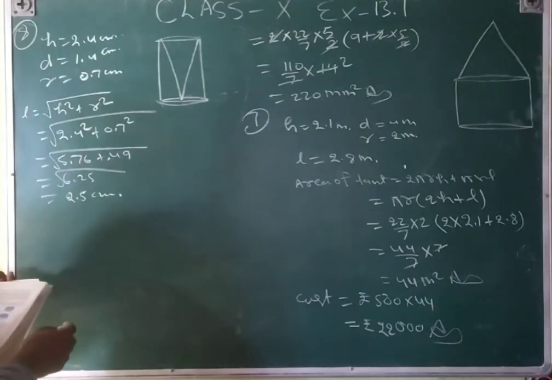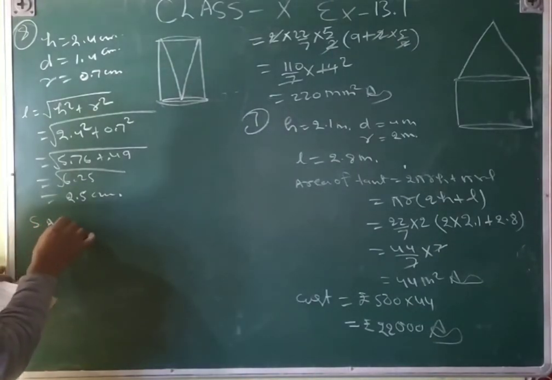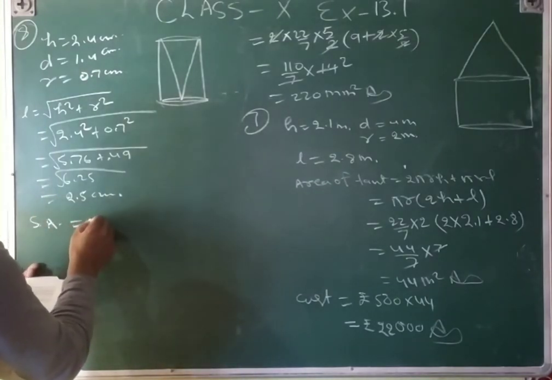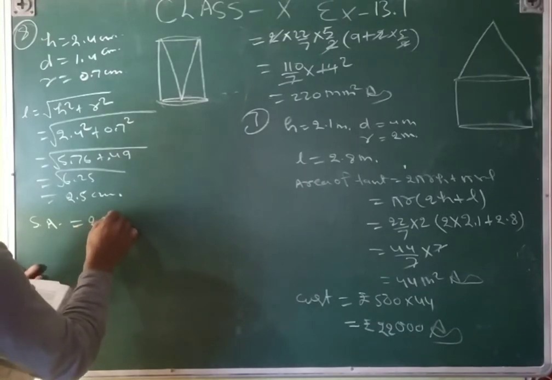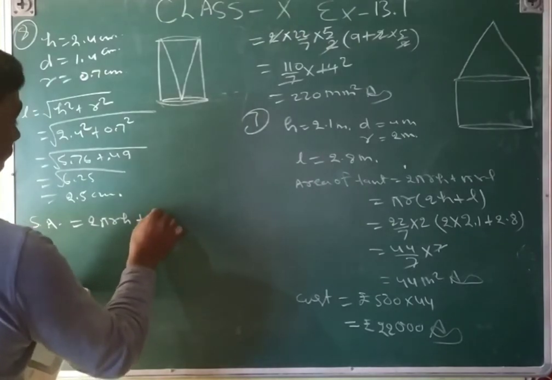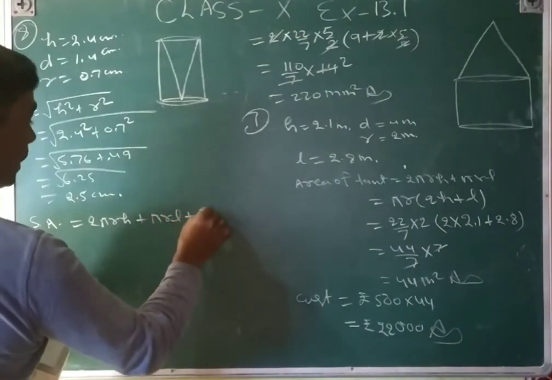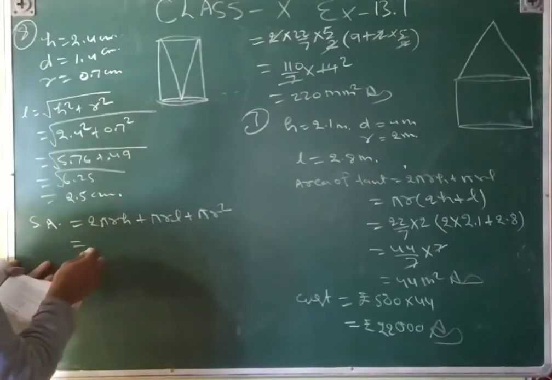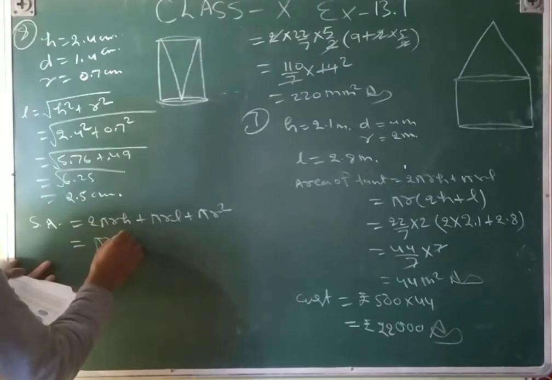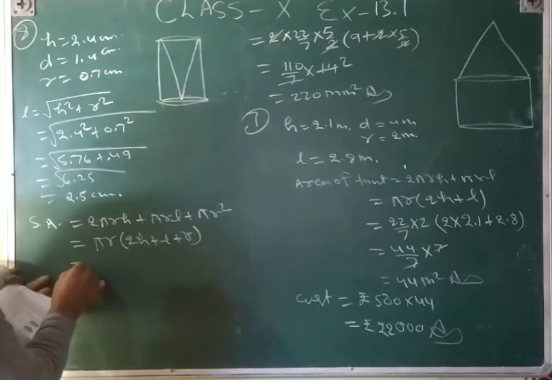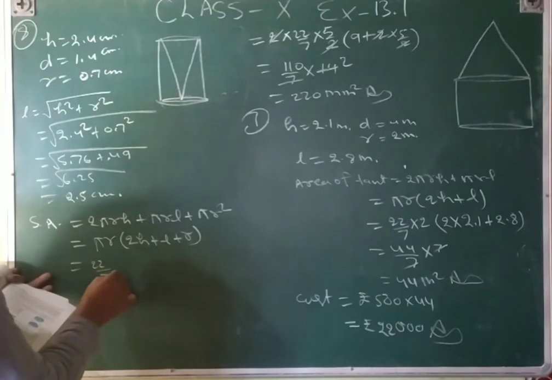Now surface area is equal to CSA of cylinder 2 pi RH plus pi RL plus pi R square. Base area will also be included here. So pi R is common, so what is left will be 2H plus L plus R. So pi value is 22 upon 7, not given.